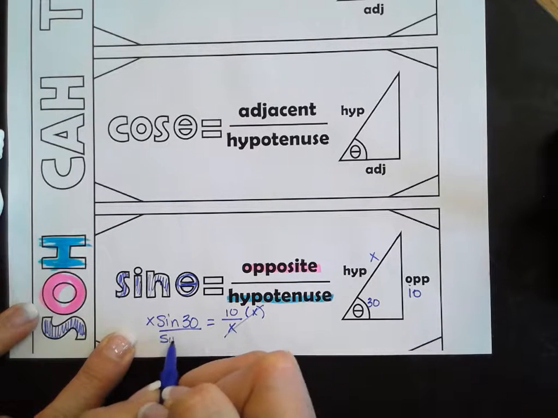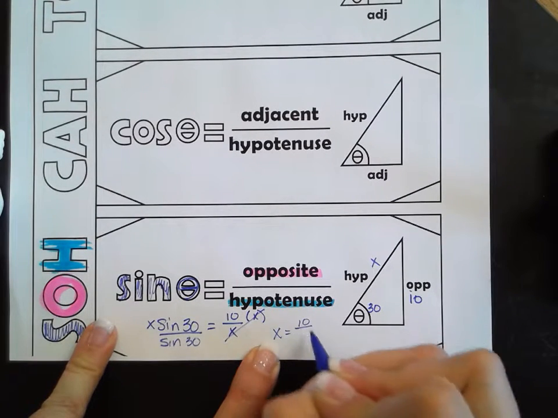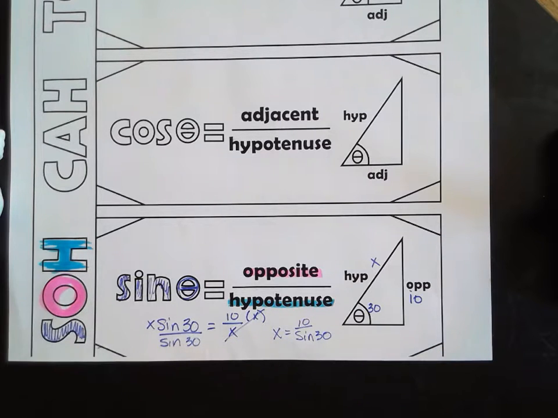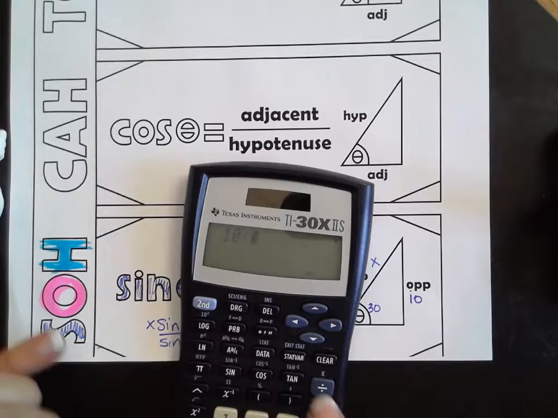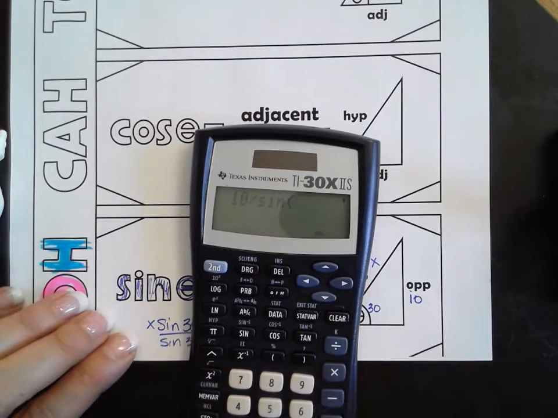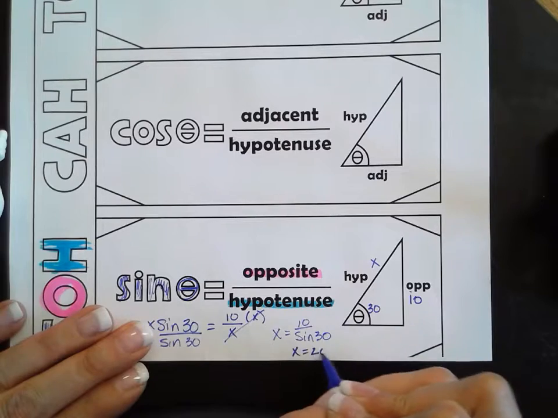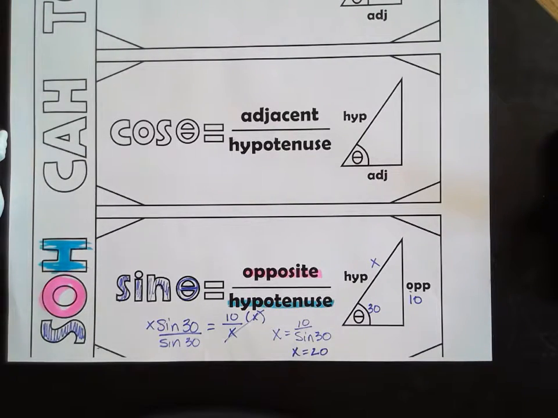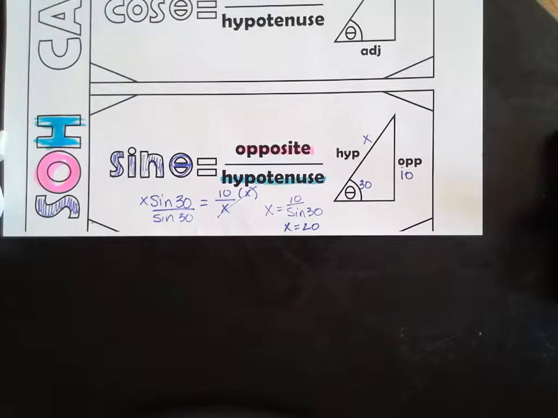But then you have to divide by the sine of 30. And so x is going to equal 10 divided by the sine of 30. And then what do you do? Yeah, plug and chug. So 10 divided by the sine of 30 gives me x equaling 20. Is that ringing bells?